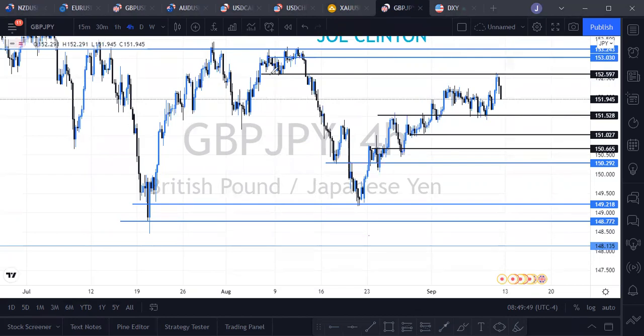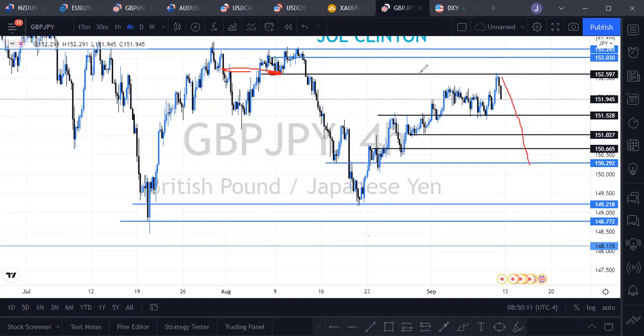So looking at the previous, you see how price respected this point here. That is why when price gets to this point, it will start coming down. That point is a decision point. So we'll be seeing price start coming down to this point.